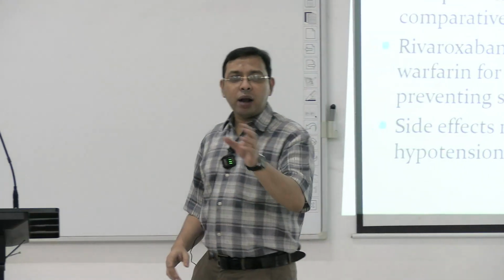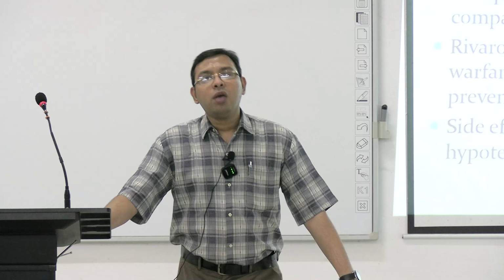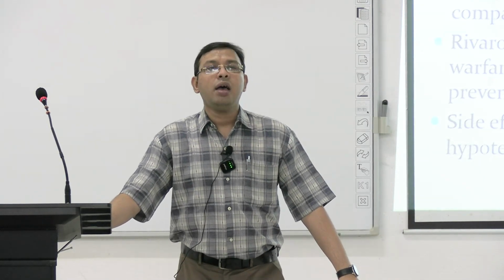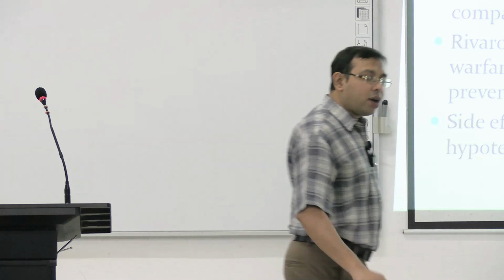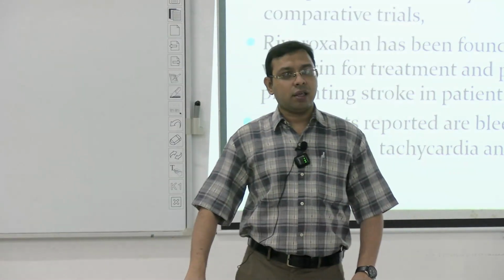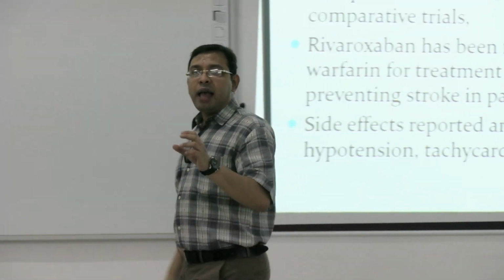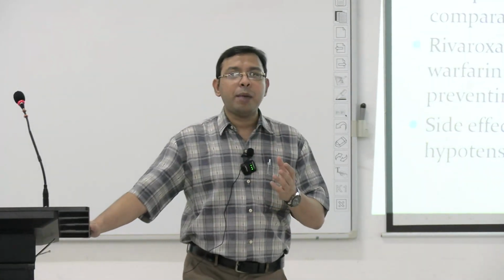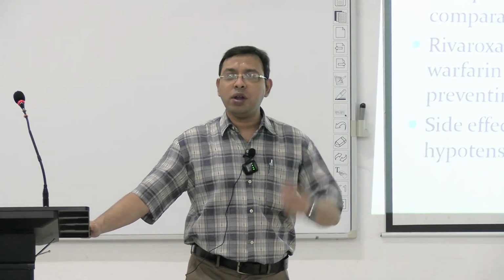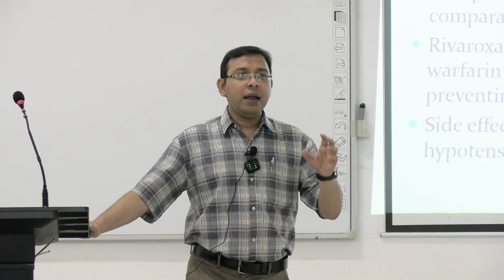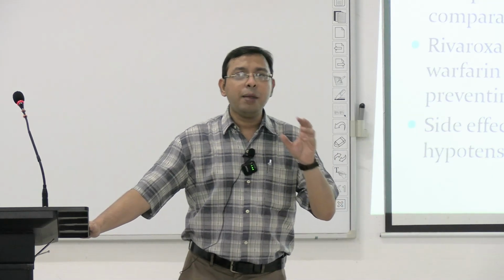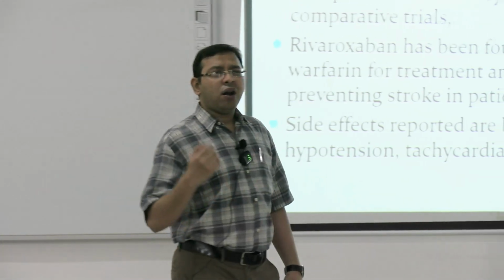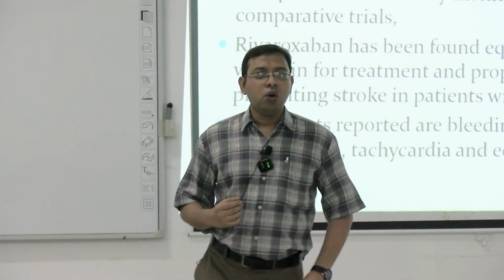Now there are COX-1 and COX-2, as you already know. COX-1 is basically needed for thromboxane A2 synthesis, and COX-2 is mainly needed for prostacyclin I2 synthesis. When aspirin is given in low doses, for example 75 to 150 or 325 milligrams, it preferentially blocks COX-1, but has very little effect on COX-2.